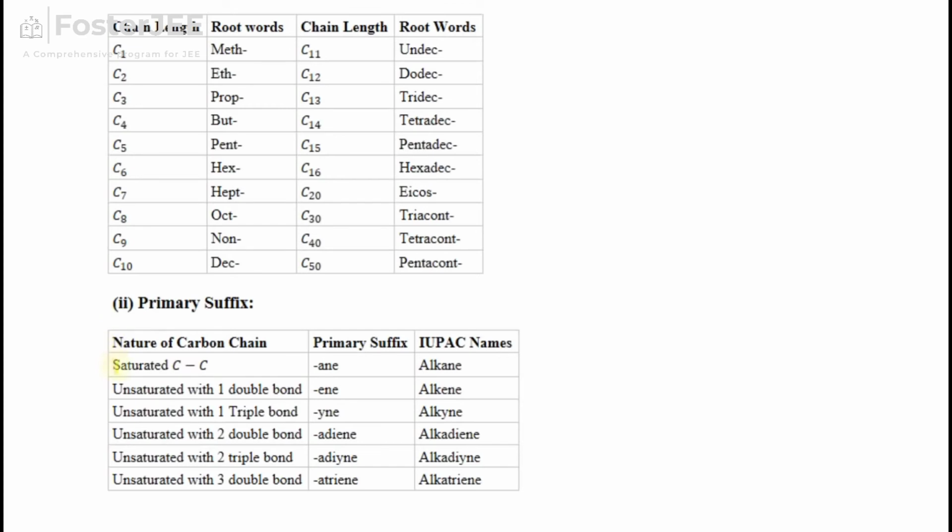So if the compound is saturated, meaning only single bonds are present, then the primary suffix is ane, and the name of the compound will be alkane, like methane, ethane, propane, butane.